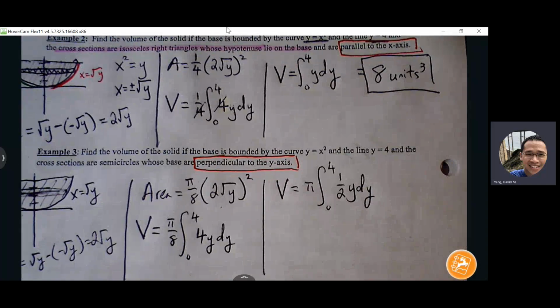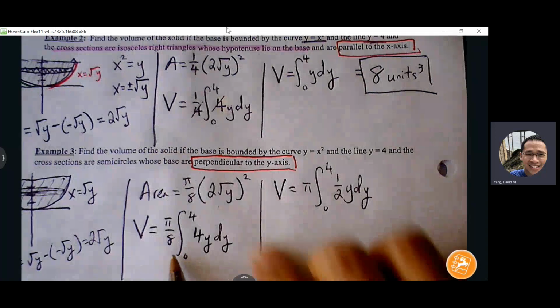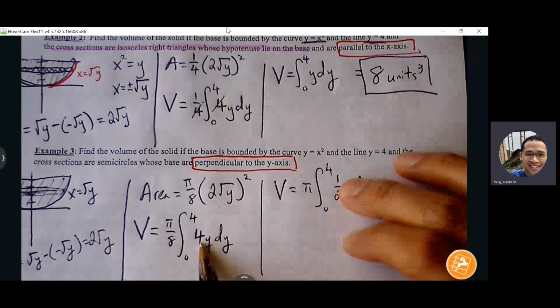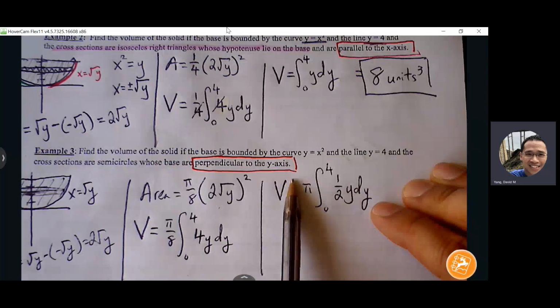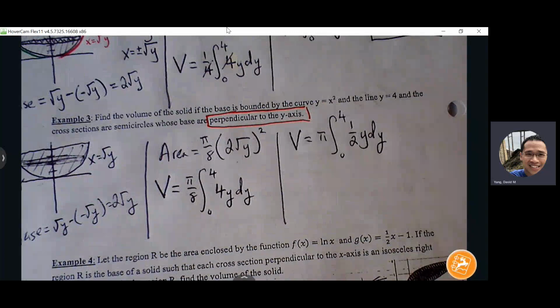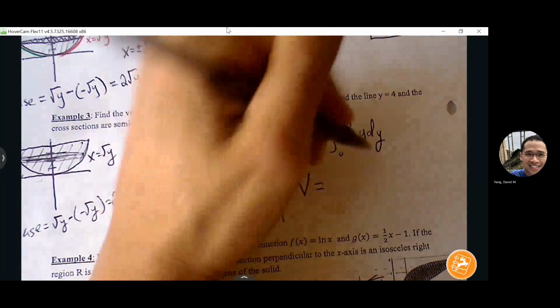So you can do whatever you like. You can leave that pi over 8 in front and just do the integral, or you can involve the 4 and 8 to reduce. Plug that in the calculator, but my suggestion is to at least leave the pi out of the calculator, whatever you want to do.